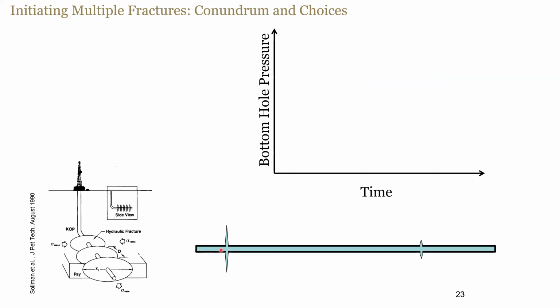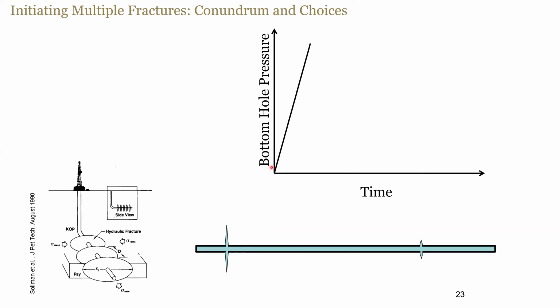Let's think about two locations along a horizontal well where a hydraulic fracture could initiate. I'm going to represent the fact that one of these is going to be easier for the fracture to initiate by a longer notch. That's a cartoon representation that it might have lower strength, or lower stress, but at some level, one location is going to be the easiest place for the fracture to initiate.